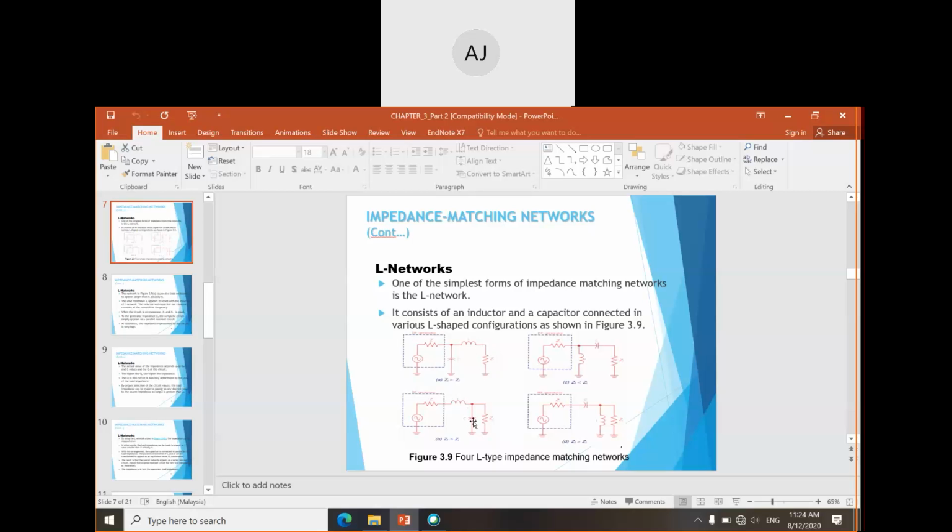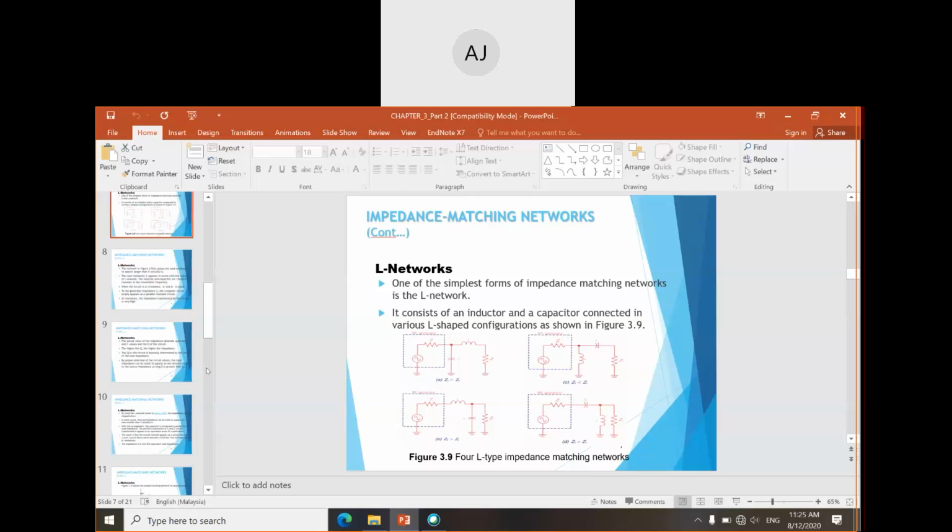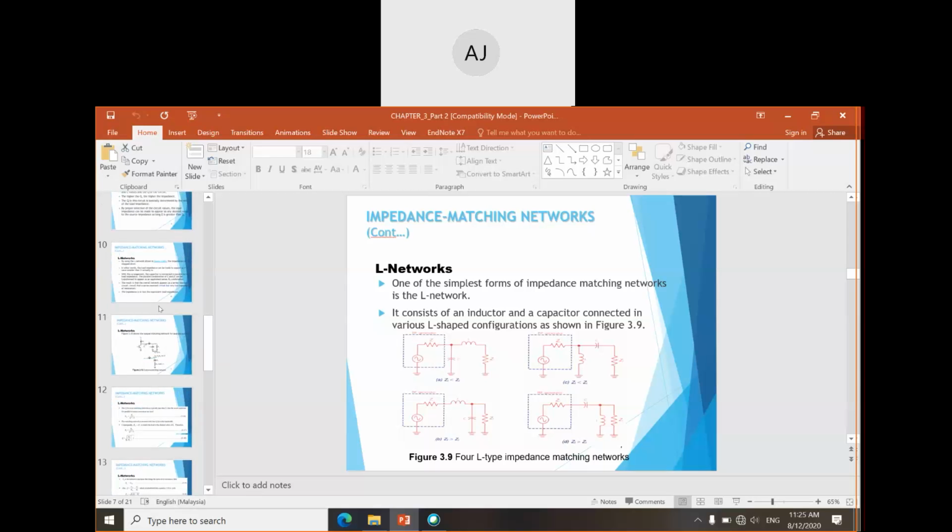When we put the C and L like this, the Z load will become lower, and at the same time the Q point is lower, and it will make the Z load lesser than Z in, and the circuit will be unstable, especially when we are working with high frequency and also high amplitude. Okay, I think this is very clear.